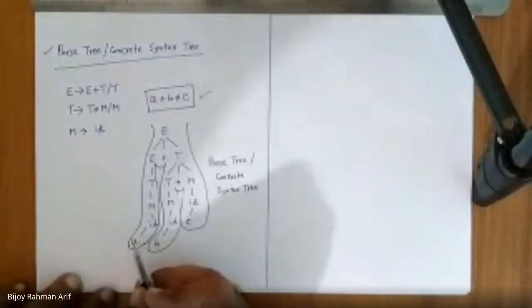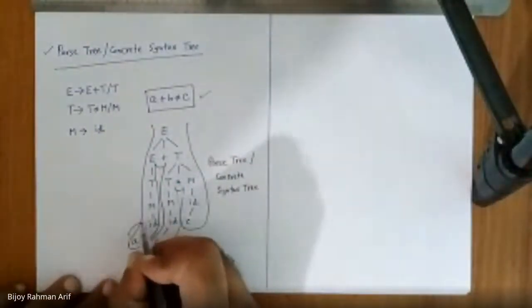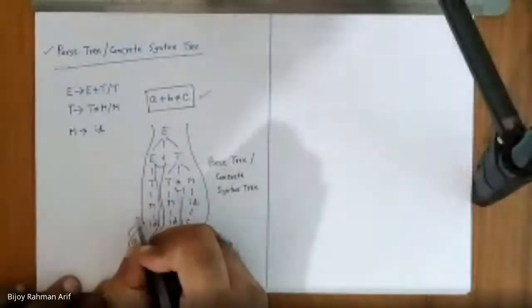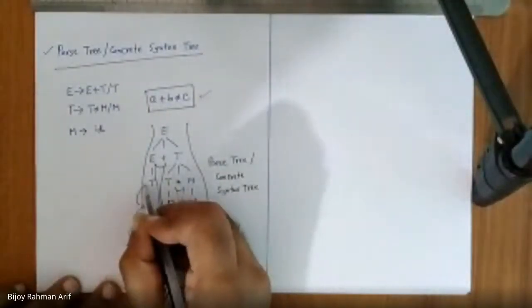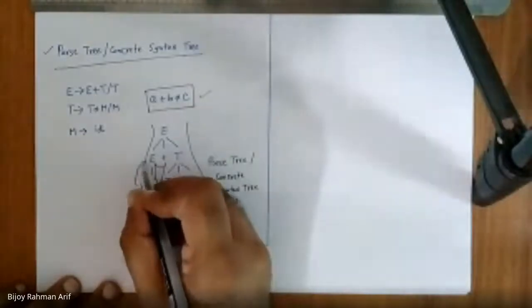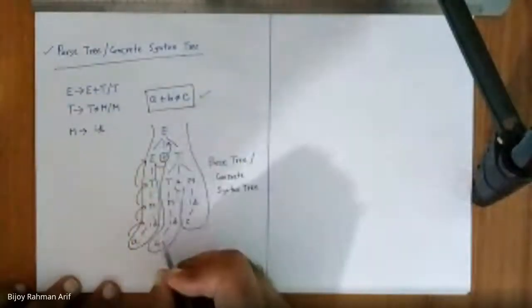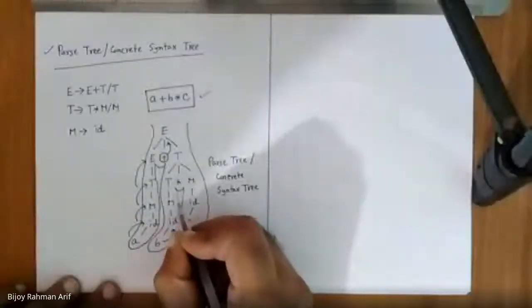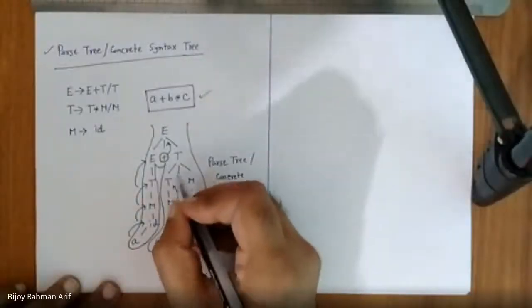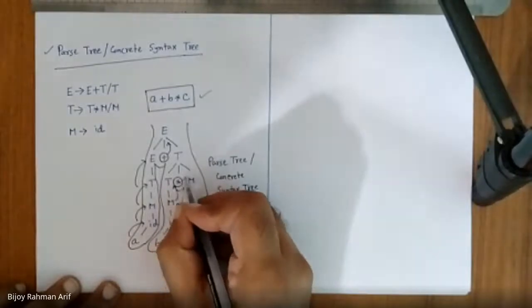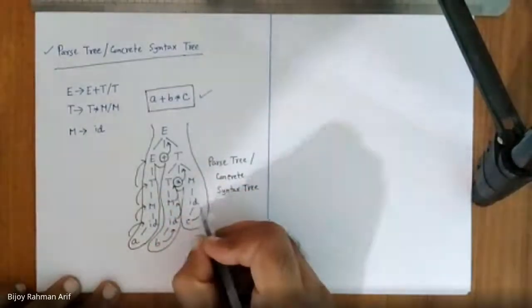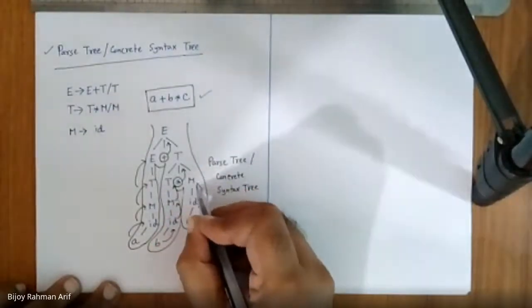How? Just pass this A to here, then pass this A to here, then this A to here, then this plus to here, then pass again this B to here, this B to here, this B to here, then finally pass this star to here, and pass this C to here, this C to here.